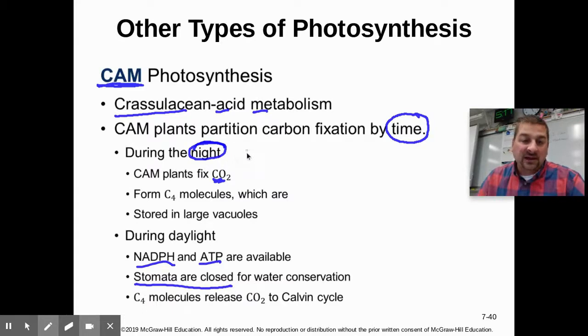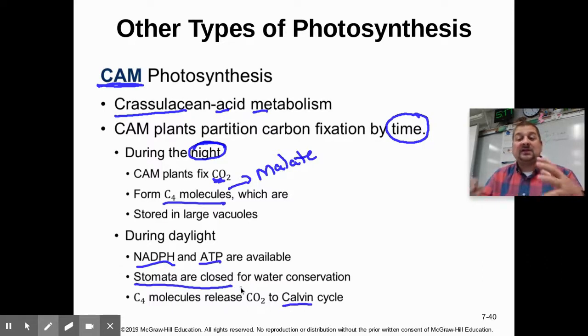And then the C4 molecules, which tend to be reduced into malate, can be released to the Calvin cycle during the day. So the stomata can stay closed when it's really, really super hot, and they will not wilt. And then they will have all this carbon stored up as malate that they fixed during the night. So CAM photosynthesis will partition that carbon fixation by time of day.